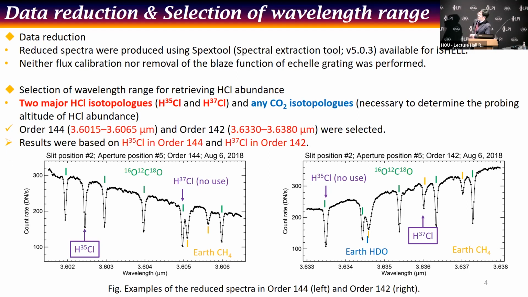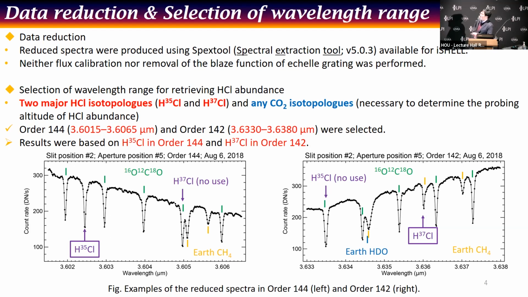In order 144, hydrogen chloride 37 line absorption merges with nearby CO2 lines. The same holds true for hydrogen chloride 35 in order 142.